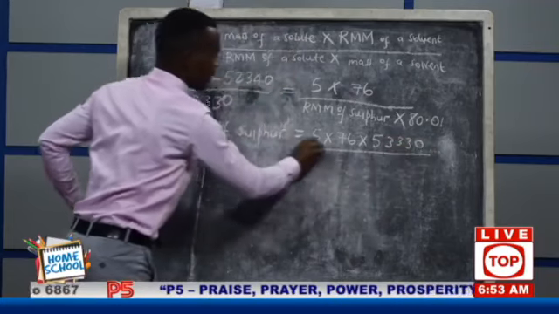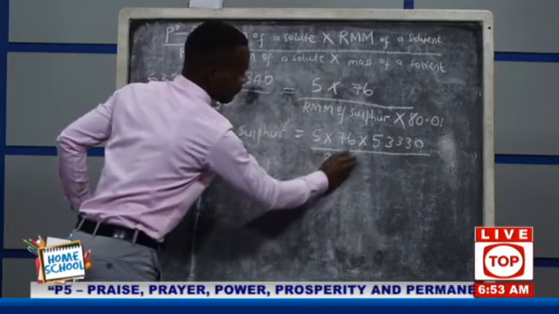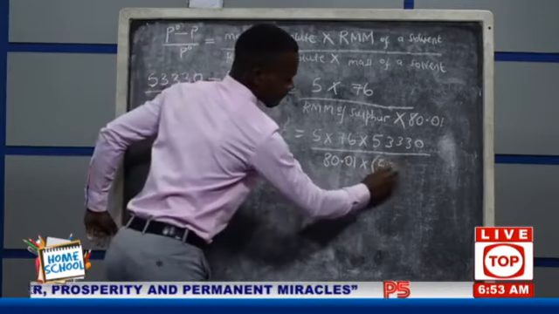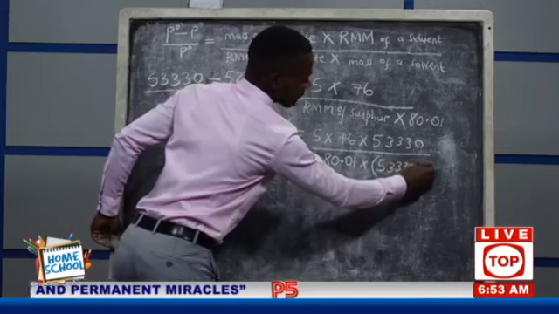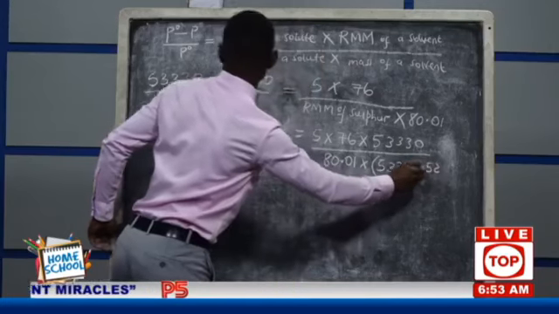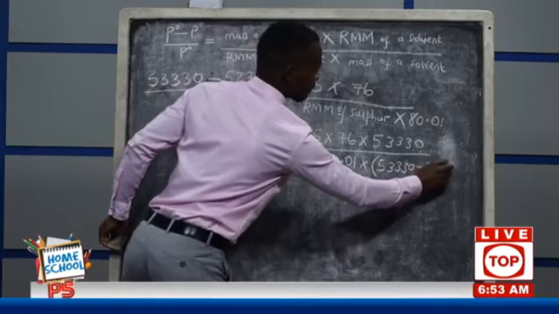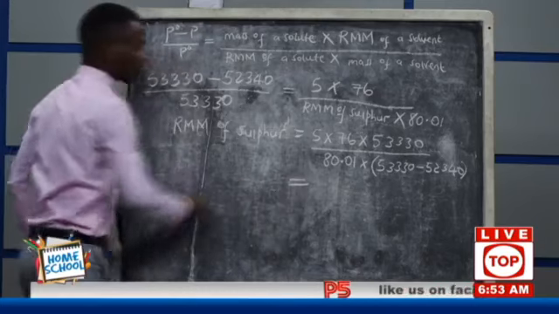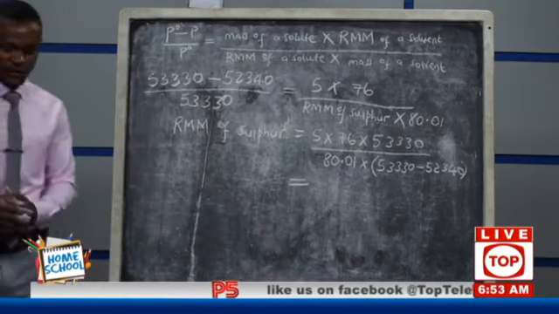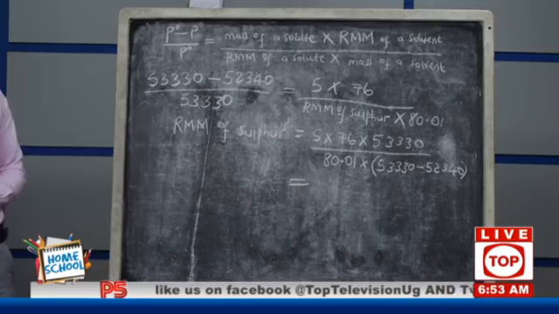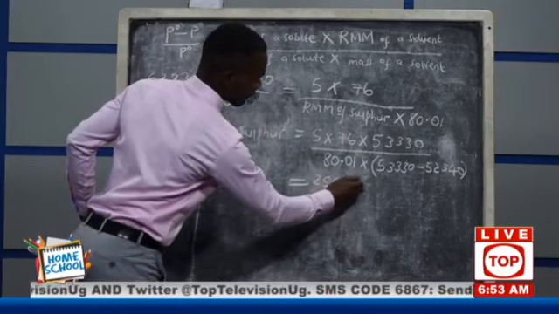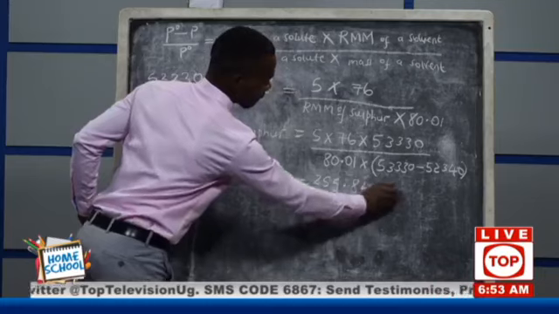53,330 divided by 8.01 times bracket 53,330 subtract 52,340. Okay, once you put that one into your calculator accurately, you'll be able to get 255.844 grams.